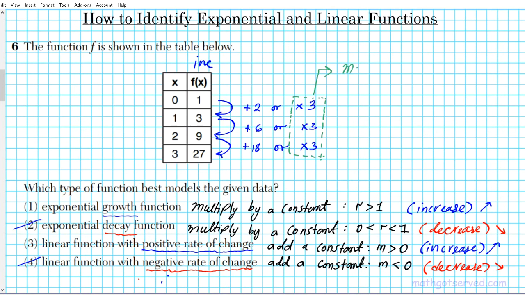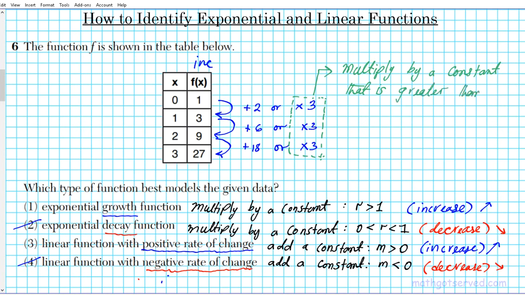So what's the deal here? When you multiply by a constant that is greater than 1, what kind of function is it?